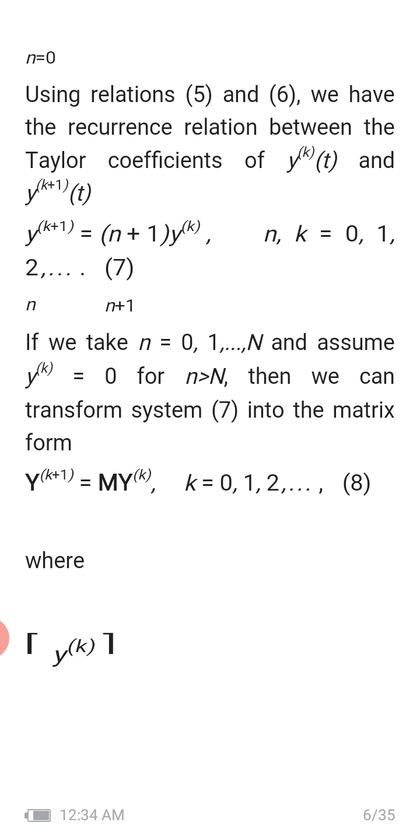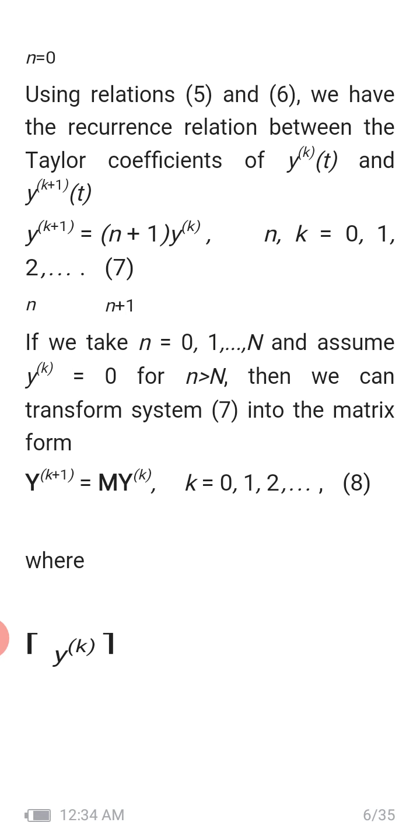That is, y_n^(k+1) equals (n+1) times y_(n+1)^(k), where n and k start from 0, 1, etc. If we take n equal to 0 to N and assume y_n^(k) equal to 0 for n greater than capital N, where N is a natural number, then we can transform the system 7 into the matrix form, that is Y^(k+1) equals M times Y^(k), where k starts from 0, 1, etc.